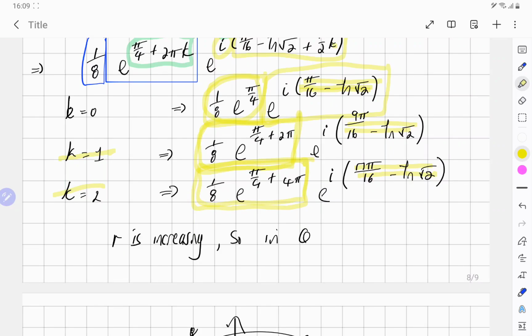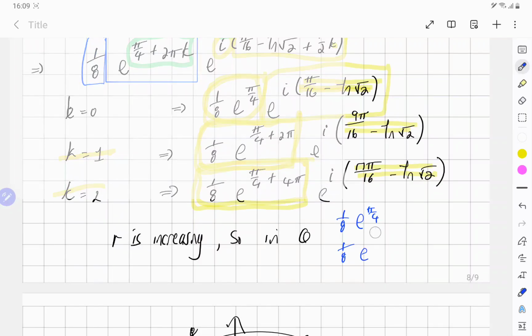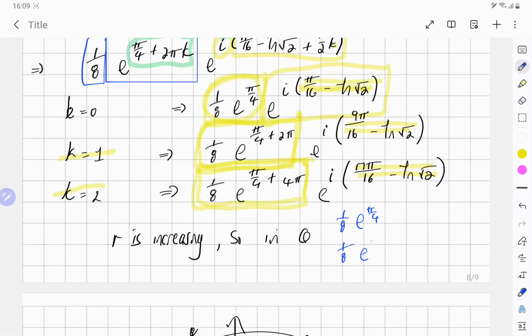Why? Because that exponent is increasing. It's e to the pi over 4. Then you get 1 over 8 e to the pi over 4 plus 2 pi. Then 1 over 8 e to the pi over 4 plus 4 pi.